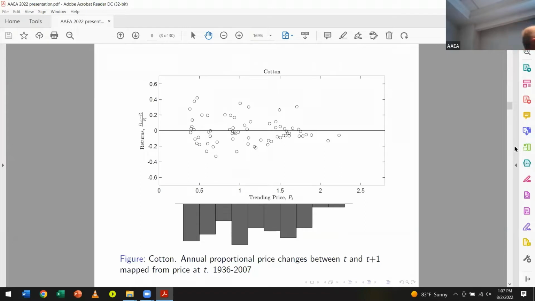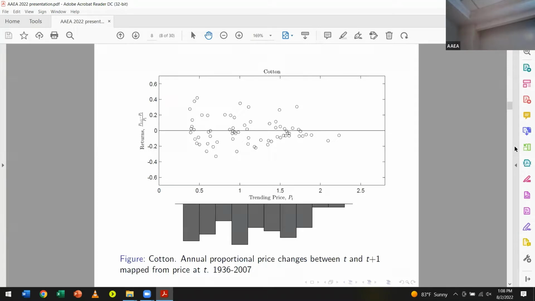tests. Now these are the same pictures as before, but now on the vertical axis, instead of price at time t+1, we measure returns, the percentage variation of price between t and t+1. So now you see for cotton, very much the same story we saw before.